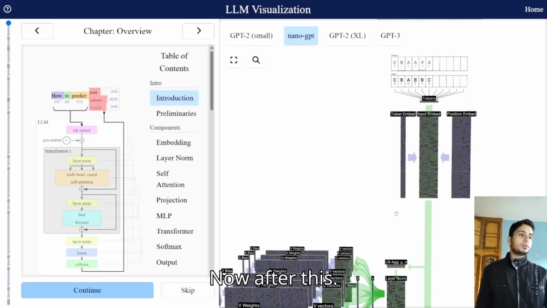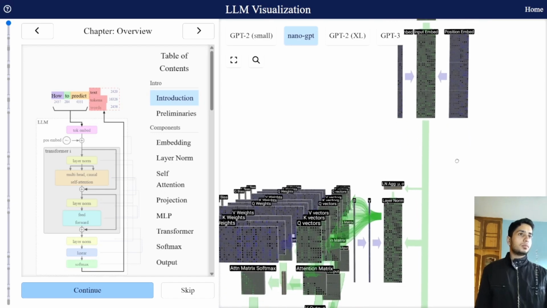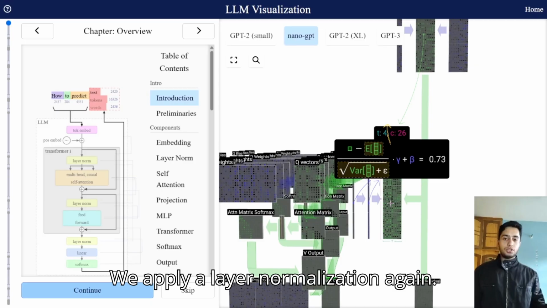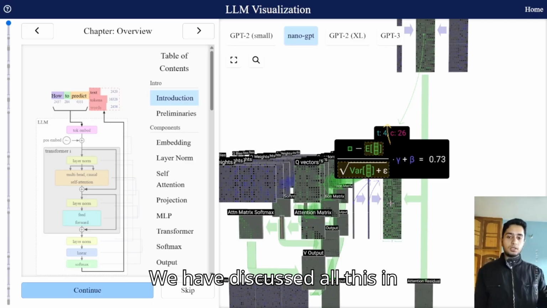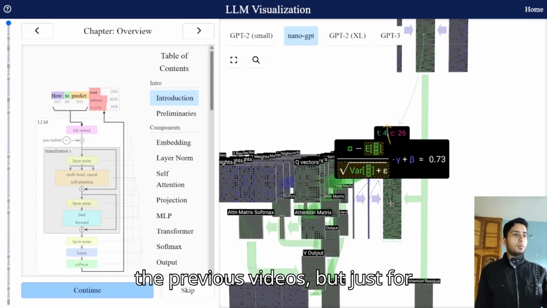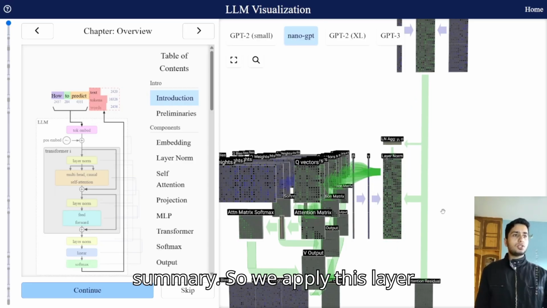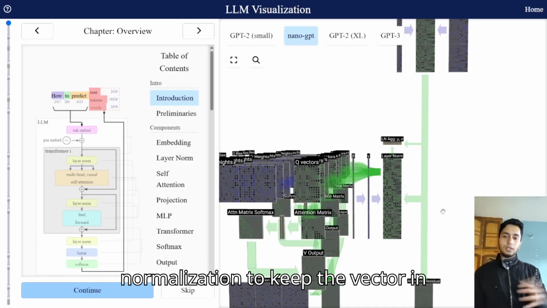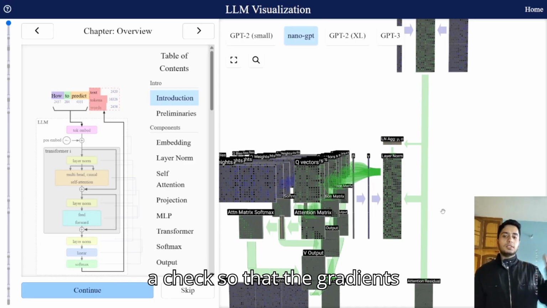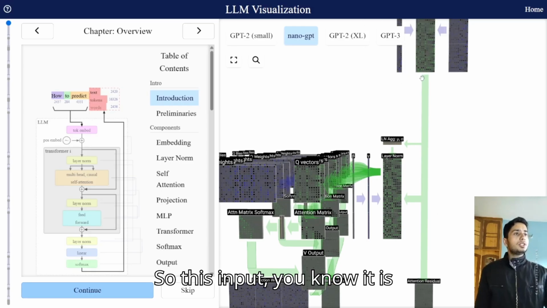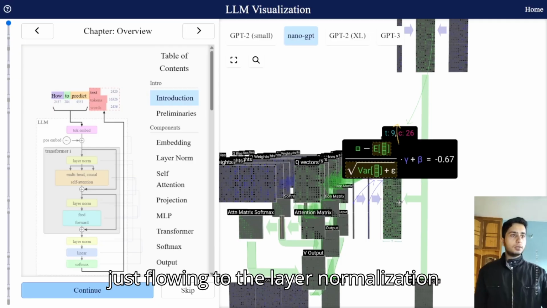After this, we apply a layer normalization. Again, we have discussed all this in the previous videos, but just as a summary, we apply layer normalization to keep the vector in check so that the gradients don't explode. So this input is just flowing to the layer normalization layer.